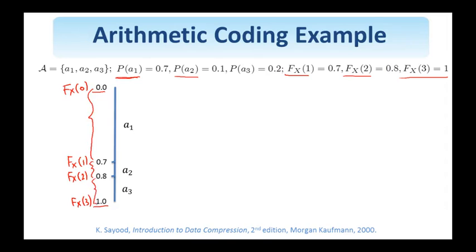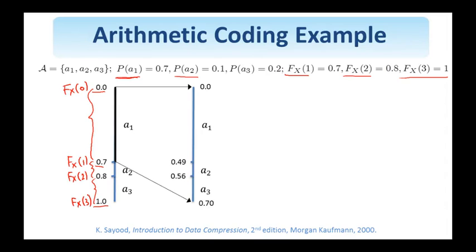Let us assume that the first symbol we observe is A1. This means that any number in this interval between 0 and 0.7 can serve as the tag to uniquely identify A1. I take the 0 to 0.7 subinterval and subdivide it proportionally to the original probability, so 70% of it is occupied by A1, 10% by A2, and 20% by A3.